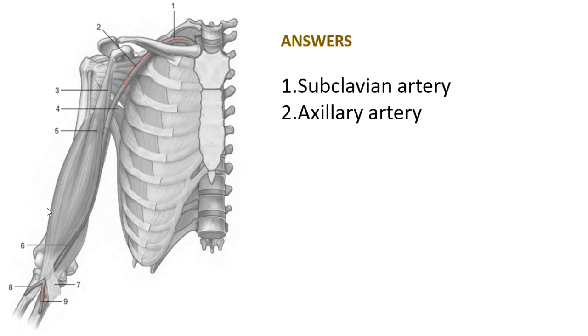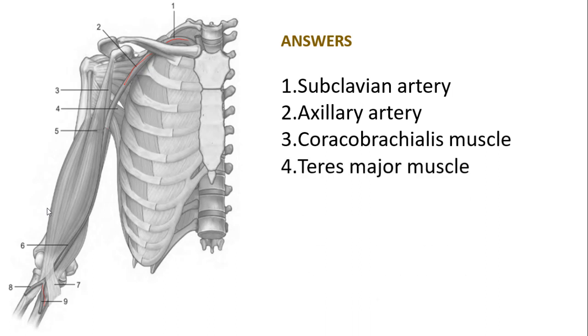So let's quickly look at 3. 3 is a muscle, the coracobrachialis muscle, and then 4 is the teres major muscle. Then 5 is the profunda brachii artery, which is going to supply the structures on the anterior side of the biceps.